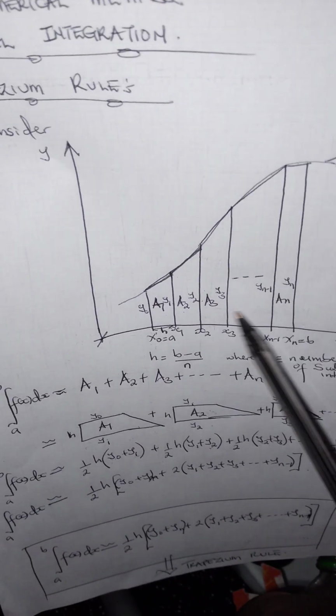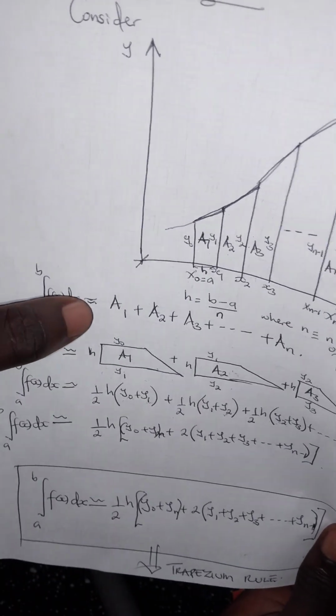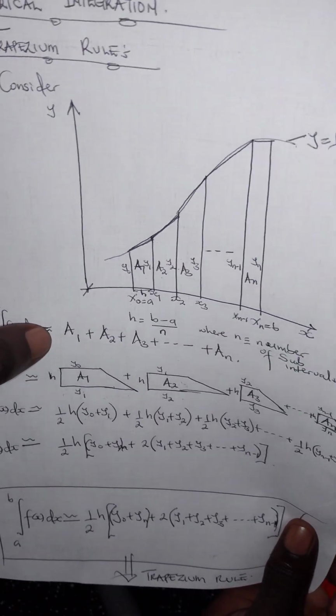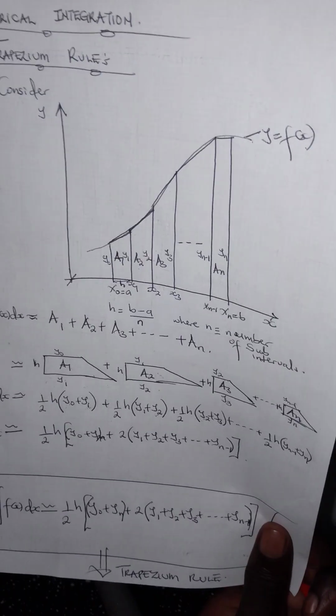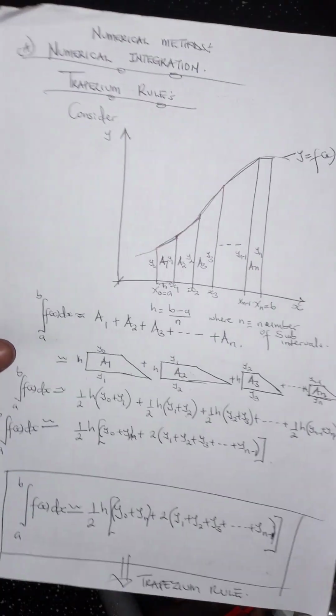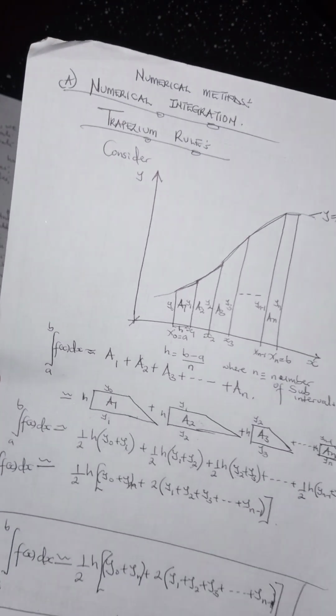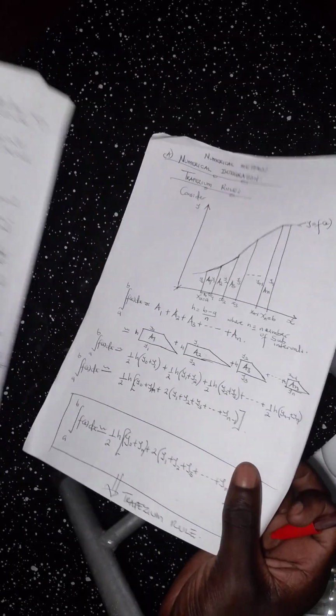So it is on that basis that we say that the trapezium rule gives an approximate value, while the other formulae of integration from pure math will always give you the exact values. So that is all about that note.